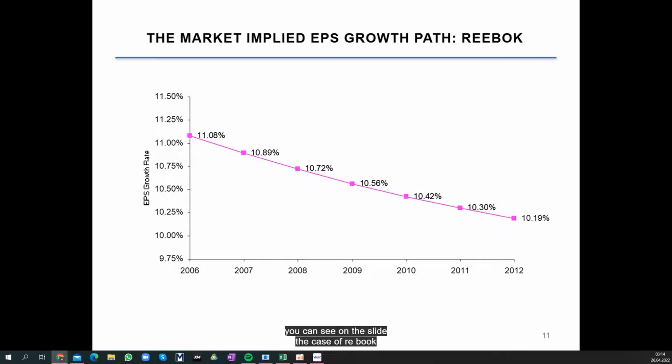You can see on the slide the case of Reebok, and that the market expects earnings growth to decrease over the years from 11.08% in 2006 down to 10.19% in 2012. Once again, if we believe that this growth pattern underestimates the true growth potential of the firm, then we may conclude that the stock is undervalued and we may buy the stock. If the opposite is true, then we may conclude that the stock is overvalued and we may sell the stock.